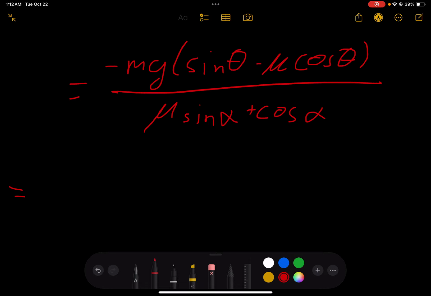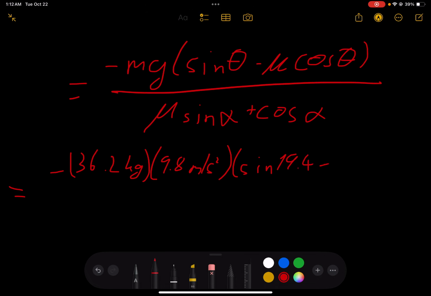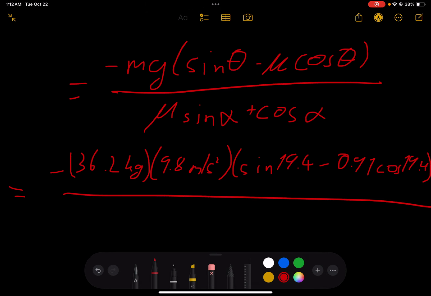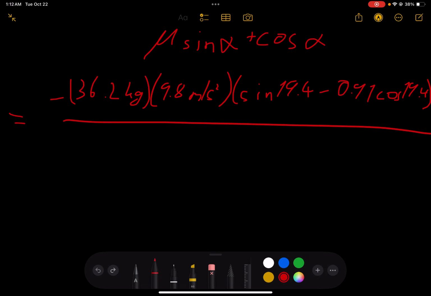But yeah, when we substitute the values, it's 36.2 kg times 9.8 meters per second squared, and it's positive because right now I'm taking down as positive, times sine 19.4 minus 0.91 cos 19.4 all over mu, which is 0.91, sine alpha being 18 plus cos alpha being also 18.